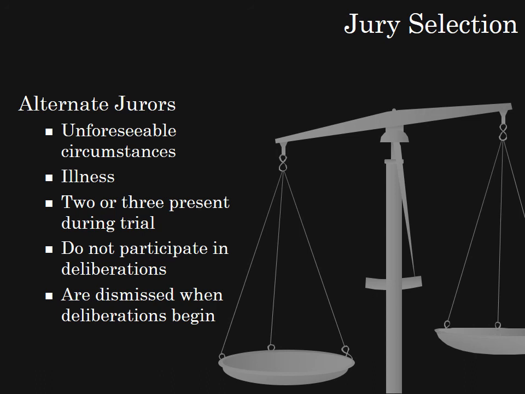Alternate jurors will stay and listen to all the testimony, and they are only dismissed once deliberations begin. So if no one else drops out and deliberations begin, those alternates are going to be free to go.